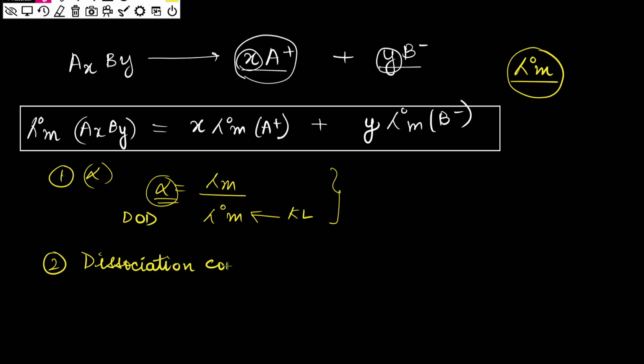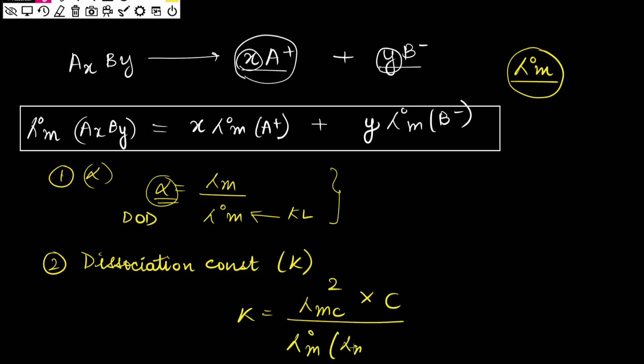Dissociation constant is represented by K. This K is equal to lambda m, the molar conductivity at a particular concentration, squared, multiplied by the concentration C, upon limiting molar conductivity multiplied by the bracket of limiting molar conductivity minus the molar conductivity. So this is how you can calculate the dissociation constant, but this is applicable to weak electrolytes only.